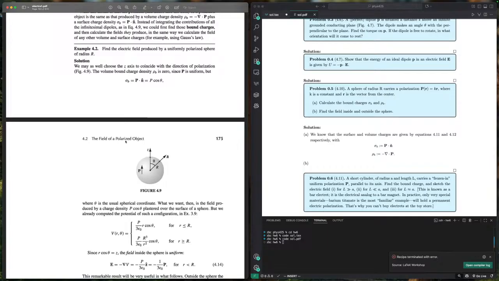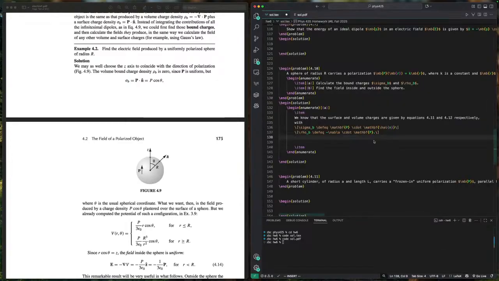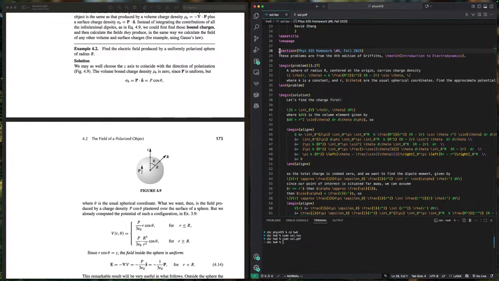But in our case, it's just pointing radially outward. So it should be the same thing. Yeah, I'd say so. And then we can also look up the divergence in spherical coordinates. Okay.